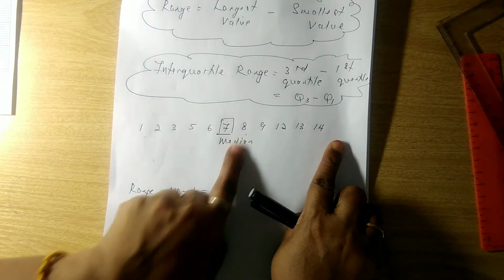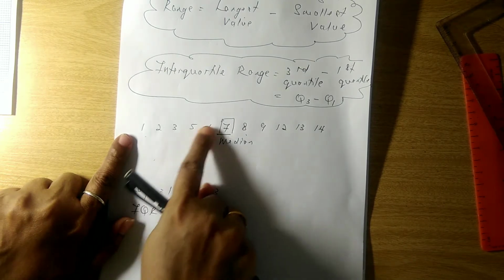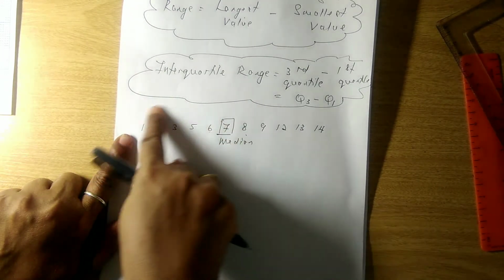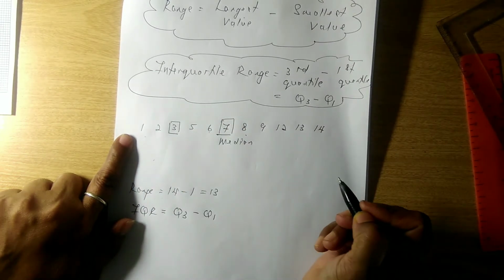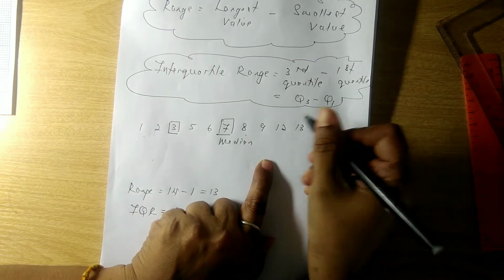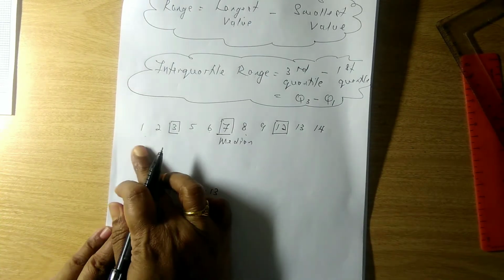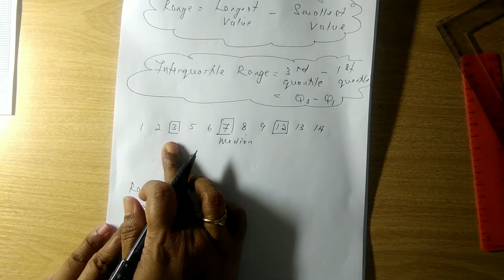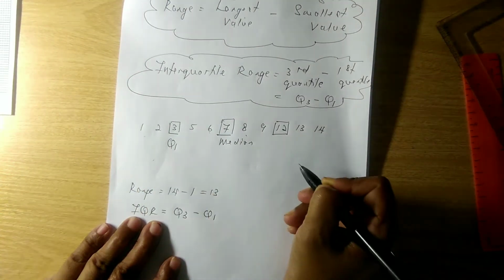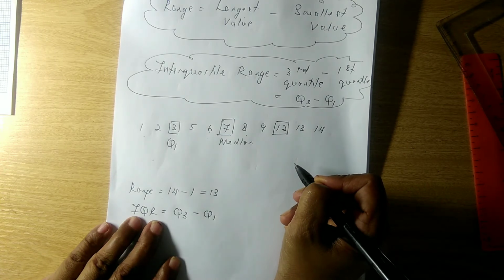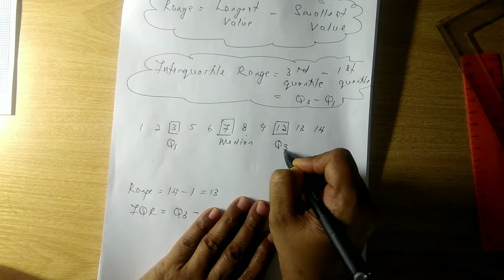In my first half, there's also a value in the middle to represent the set of numbers in the first half, which is 3. 3 is the center. For my second half, the center is here, 12. The middle of the first half is the value of Q1, the first quartile, and the center of the second half is the value of the third quartile.